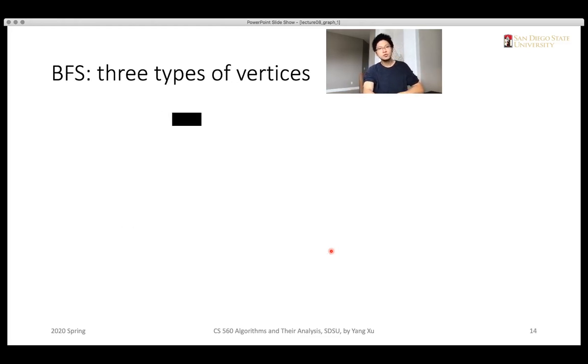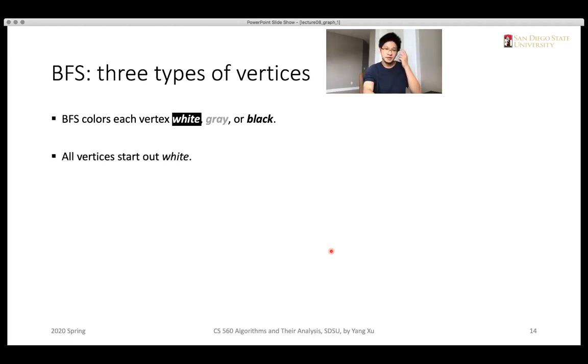When we implement this BFS algorithm, we need to define three types of vertices: white vertices, gray vertices, and black vertices. BFS will color each vertex into one of three colors.